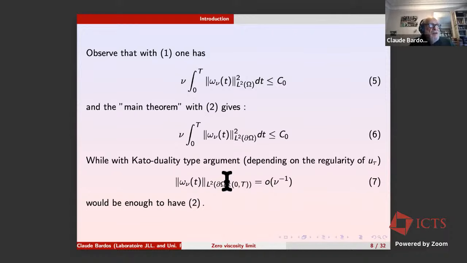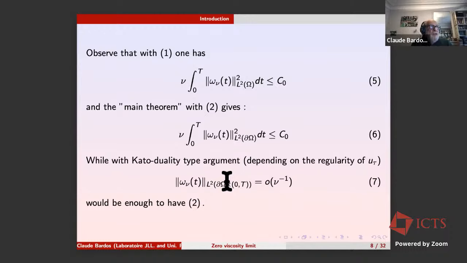Well, that's the a priori energy estimate. I want the same estimate, but just restricted to the boundary. So if something is L2, its value on the boundary may be singular, and that means that this, 6, is of the same nature, but it's much more subtle than 5.